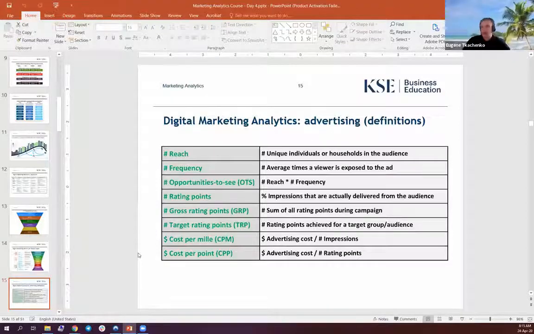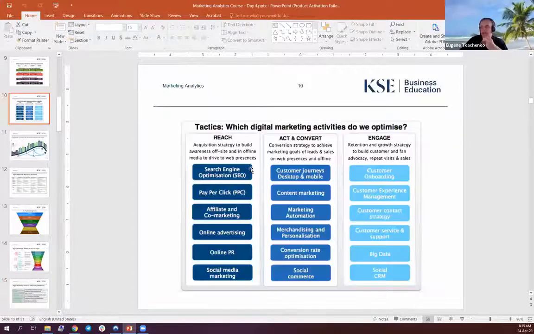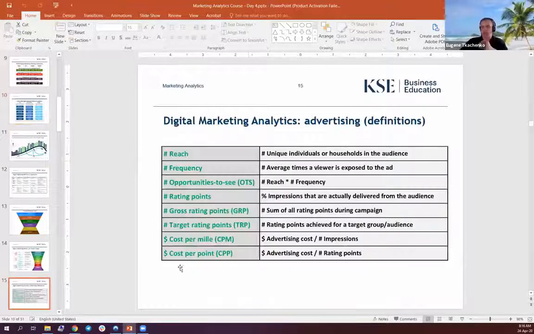So basically, because of the progression, we are starting with reach, and reach is top of the funnel. It's all about reaching the attention of our desired audience. We want to make sure that for all those channels, we're using the right metrics.